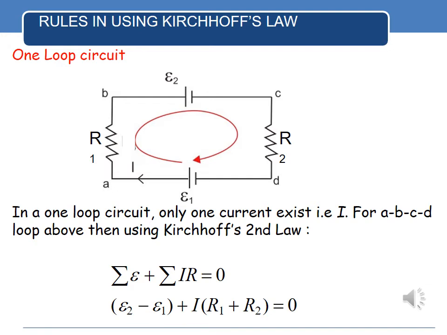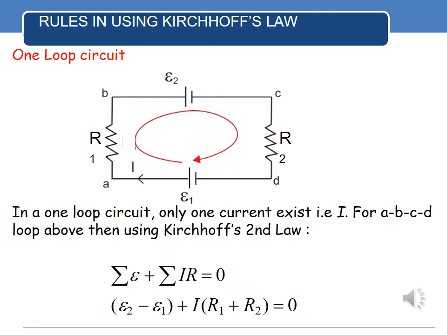When the red arrow hits battery 2, or epsilon 2, the red arrow hits the positive pole, so epsilon 2 is positive. And when the red arrow hits battery 1, epsilon 1, the arrow hits the negative pole first, so epsilon 1 is negative: epsilon 2 minus epsilon 1.